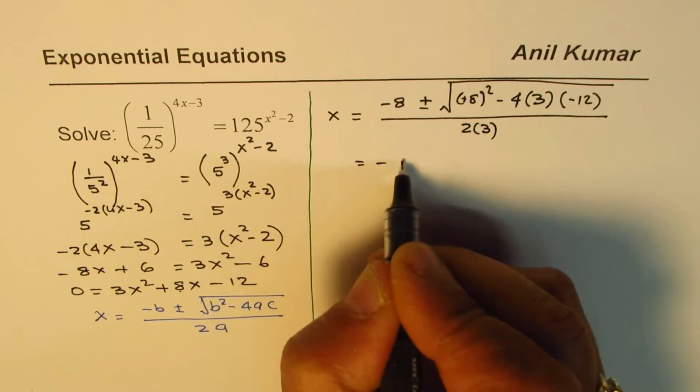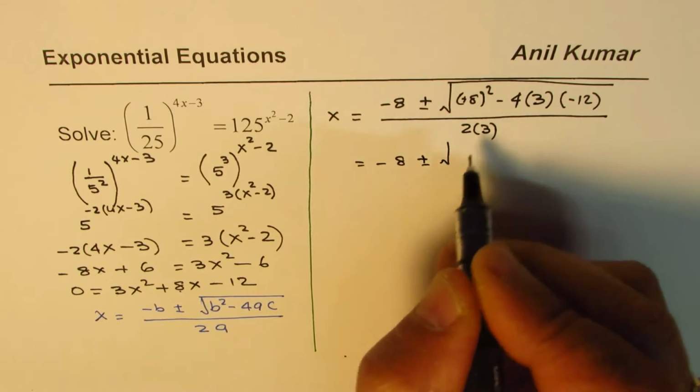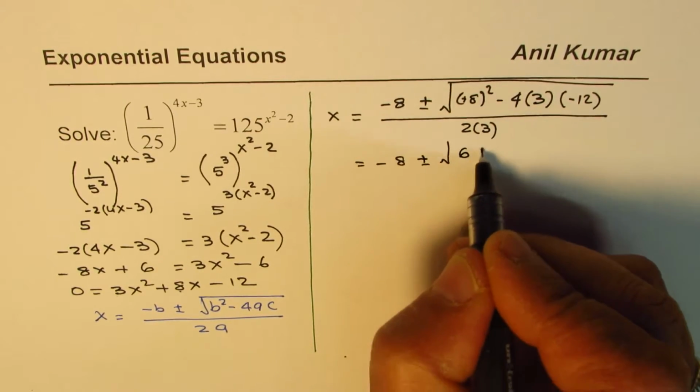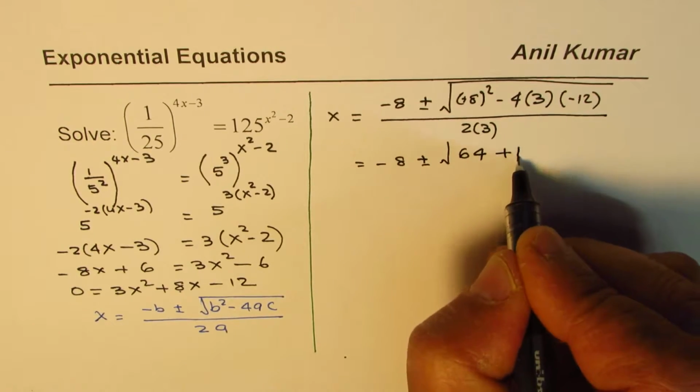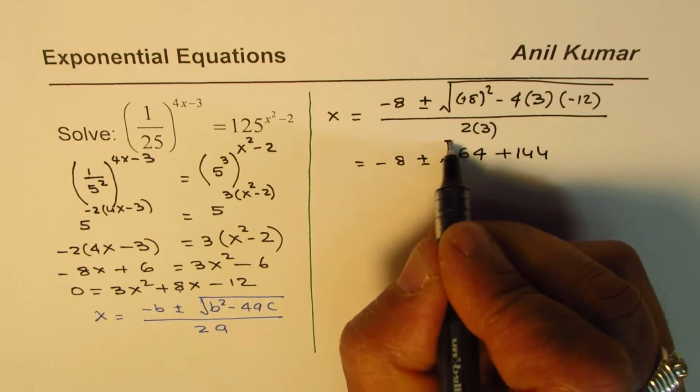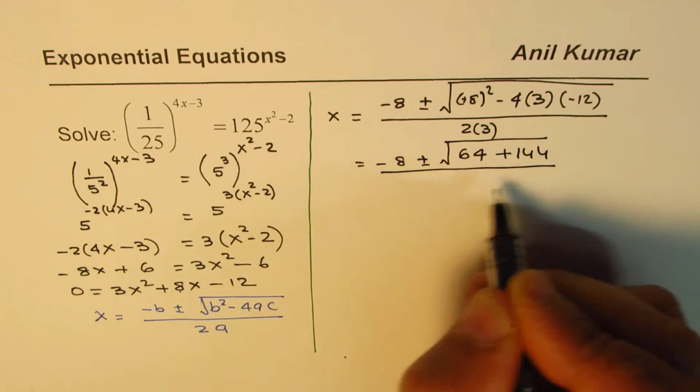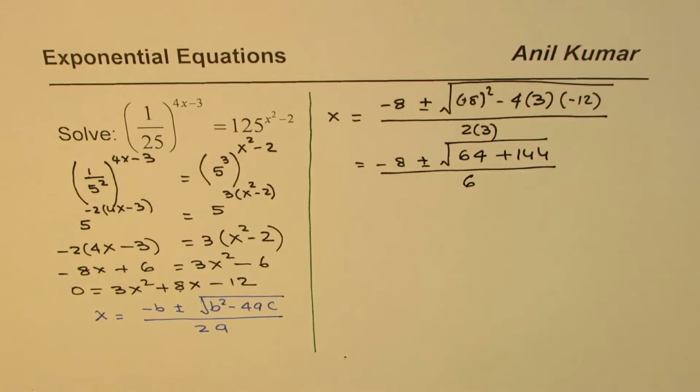So that gives us minus 8 plus minus square root of 8 squared, which is 64, and 4 times 3 times 12 is 144, so minus minus makes it plus 144, divided by 6, okay? Let's use the calculator now to figure out the solution.